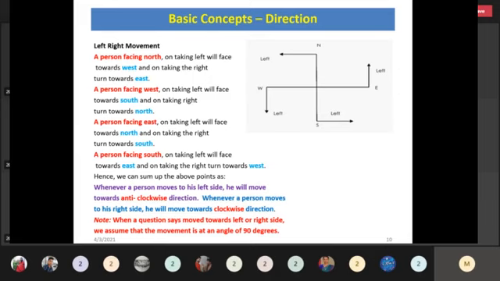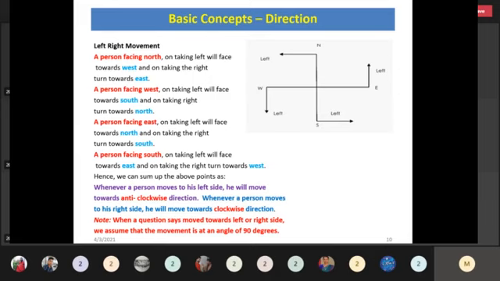A person facing north, on taking left, will face towards west, and on taking the right turn, towards east. So if the person is facing north and moves left, he is moving west. If he moves right, he is turning towards east.